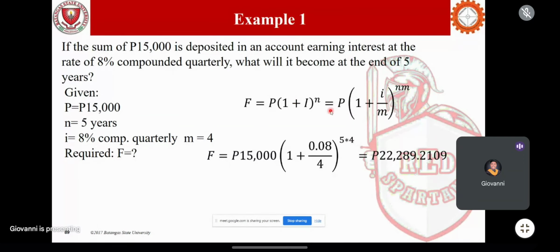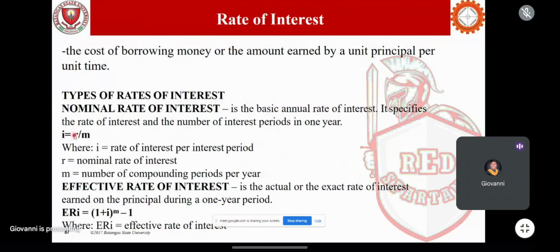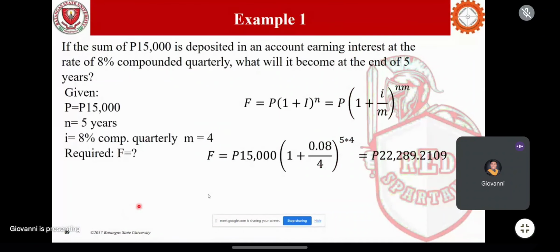Ito yung sinasabi ko sa inyo kanina na kailangan natin i-apply si i equals to r over m in (1 plus i) raised to n. Again, when you divide your interest by m, you have to raise as well, or multiply, yung ating interest period kay m. When you divide i, or the interest, by m, you have to multiply as well n by the value of our m.